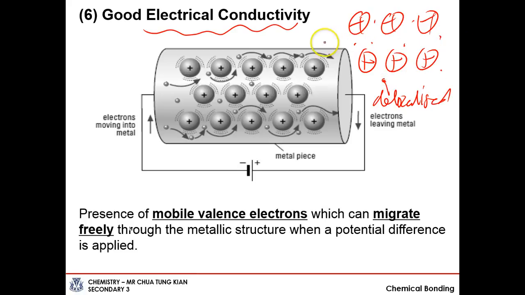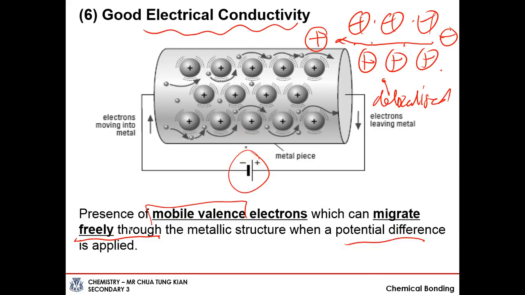It means that if I were to put a positive terminal here and a negative terminal here, the electrons will migrate in this direction, right? So this migration of electrons actually constitutes the electric current. So metals can conduct electricity because they have mobile valence electrons which can migrate freely through the metal lattice structure when I apply a potential difference across the metal.